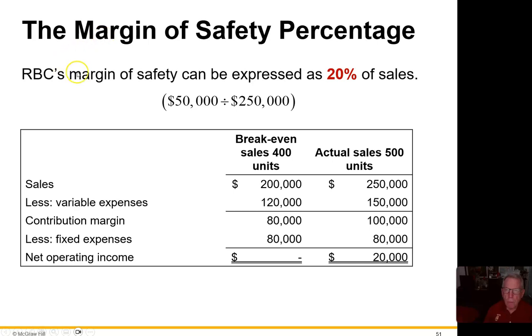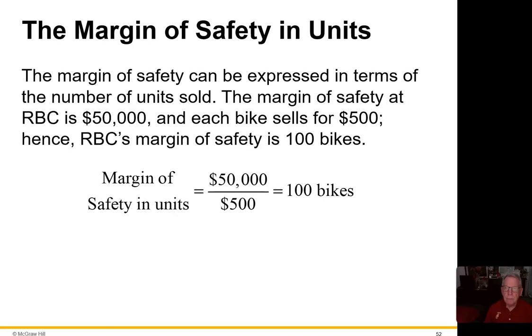Okay, so the margin of safety can be expressed as 20% of sales. In this case, $50,000 divided by our actual sales of 250,000. And that comes out 20%. Okay, the margin of safety can be expressed in terms of the number of units sold.